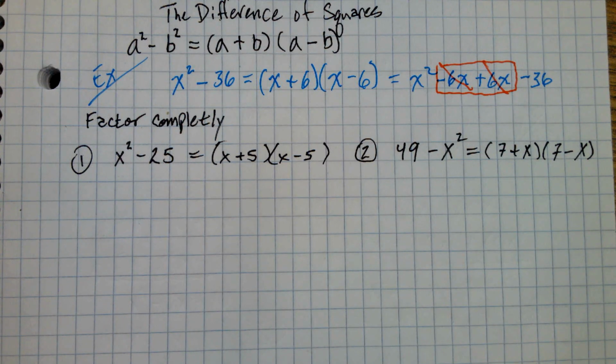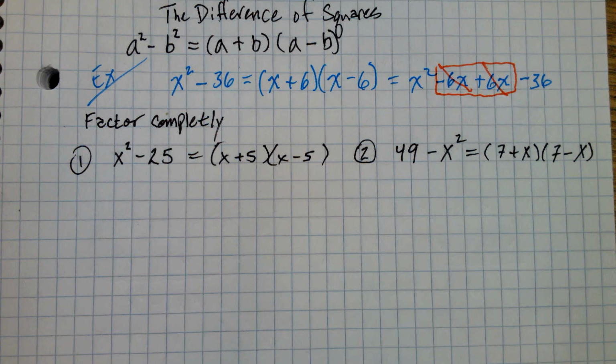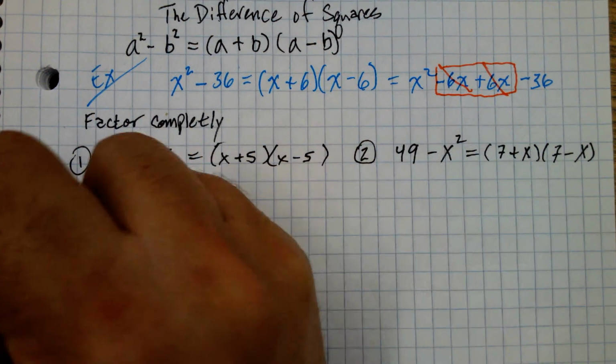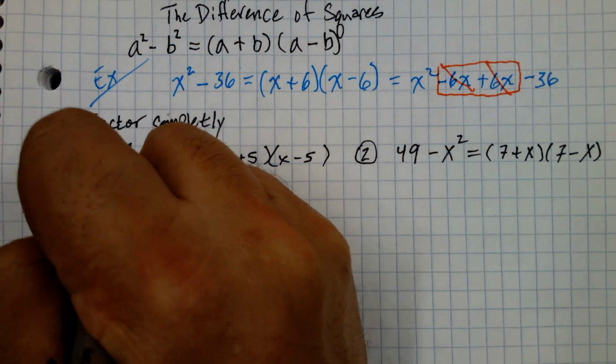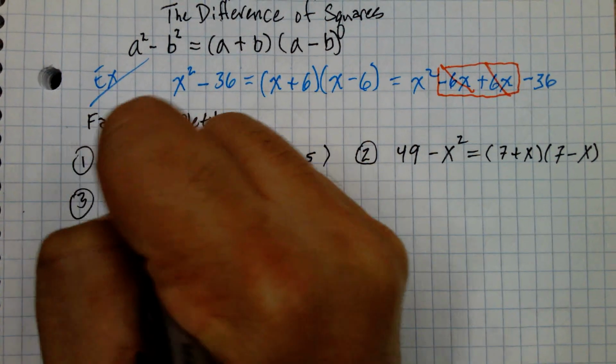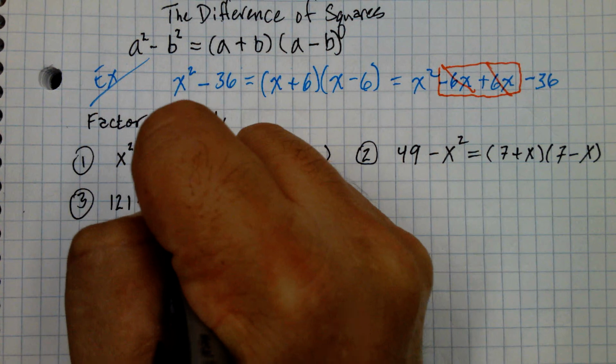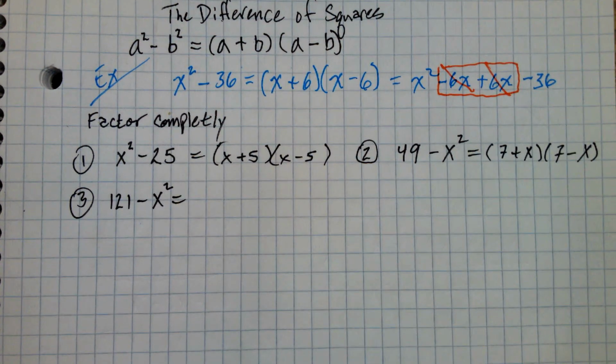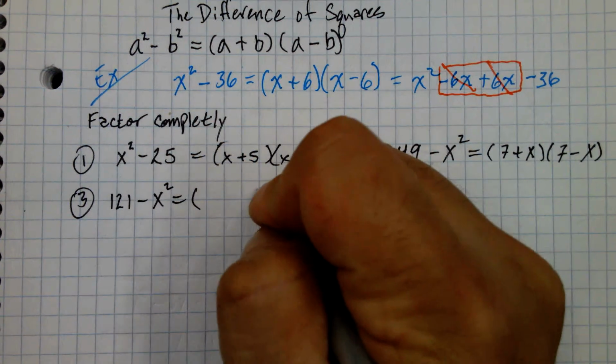Okay? So normally, we've been doing a lot of stuff where it didn't matter because it was just multiplying or adding and it's commutative, but here it does matter. So let me give you this one. Okay, go ahead and factor that into two binomials.